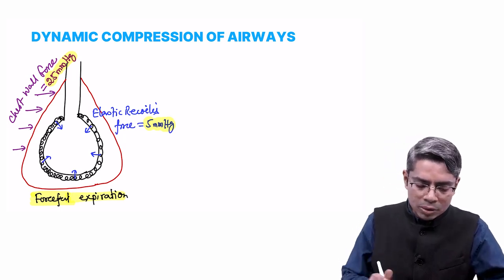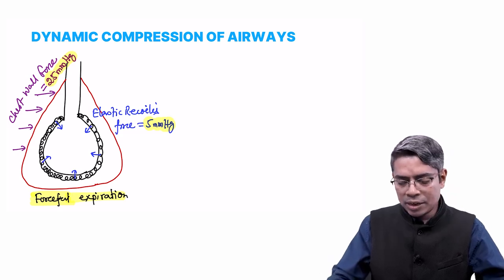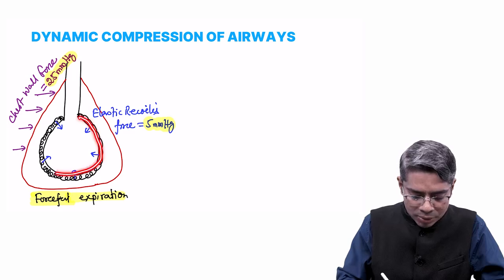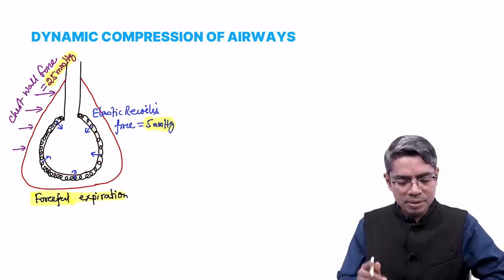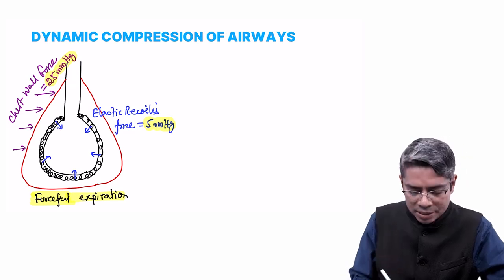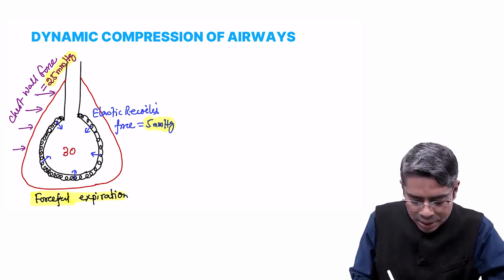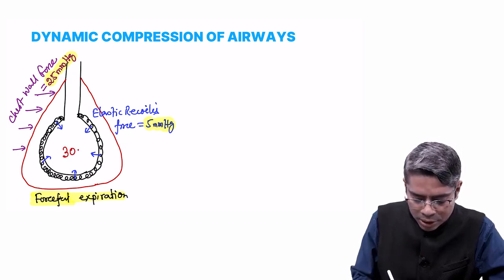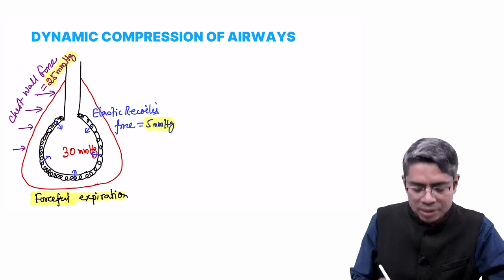So, what will be the total amount of force that will be exerted on the surface of the alveoli? 25 plus 5, so that is 30 millimeter of mercury. This is the total amount of force that will be applied on the surface of the alveoli.